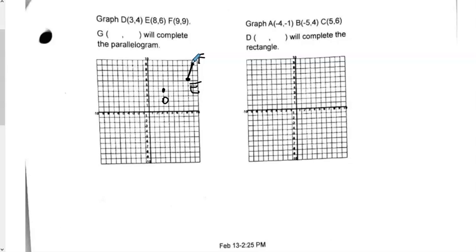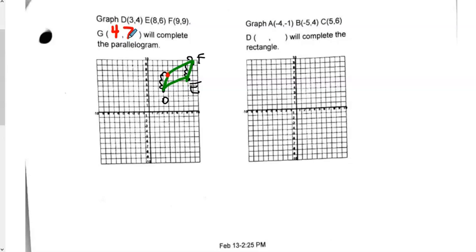So if I count this slope as 1, 2, 3, and right 1, then if I go 1, 2, 3, and right 1, and put that there, and then I connect them, I will have a parallelogram. So where did I put my dot right here? That would be at 4, 7. That would make a parallelogram.